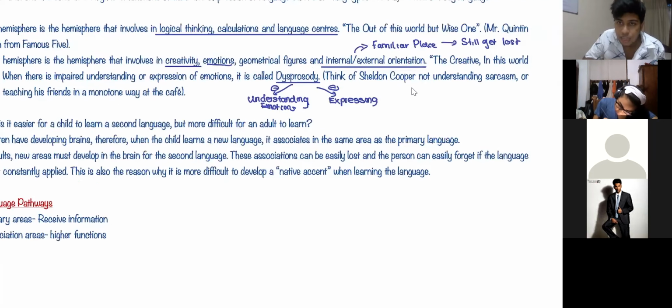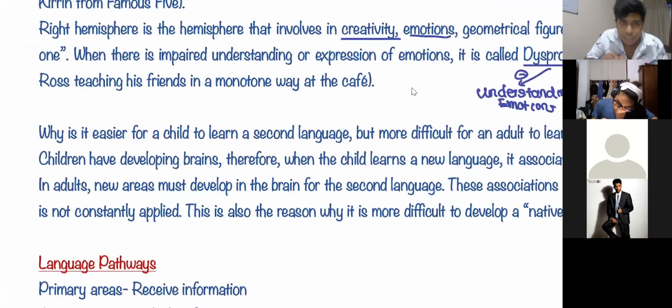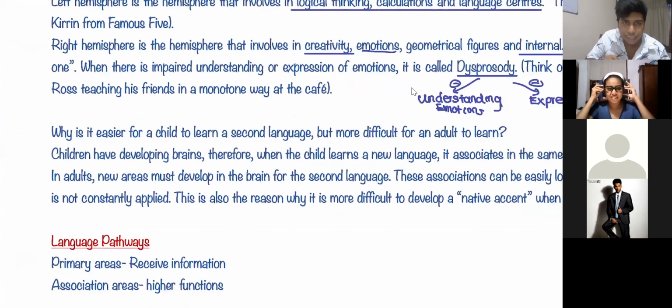If you guys have watched the TV show Friends, you can remember there is an episode where he teaches his friend in a very monotone way. That is because his right hemisphere was not working at that time. Only his left one was.